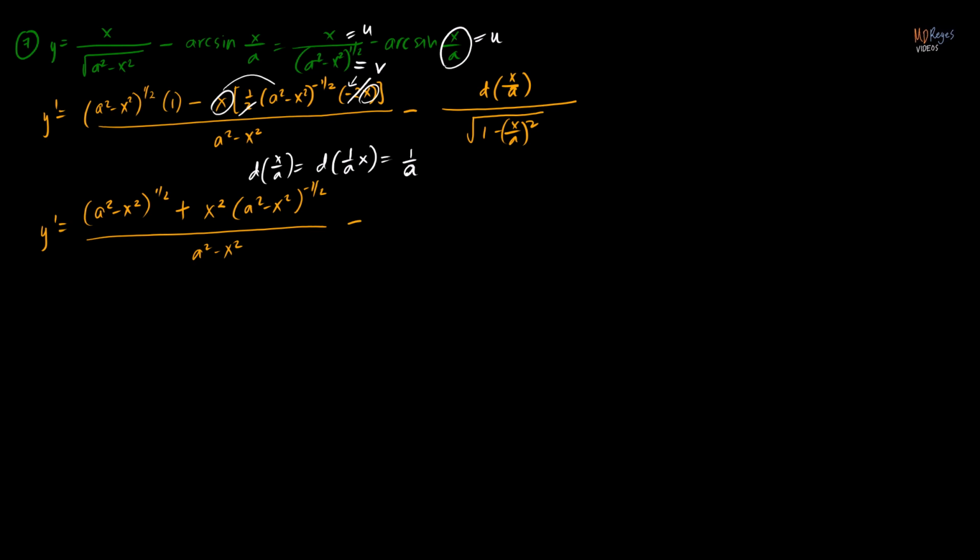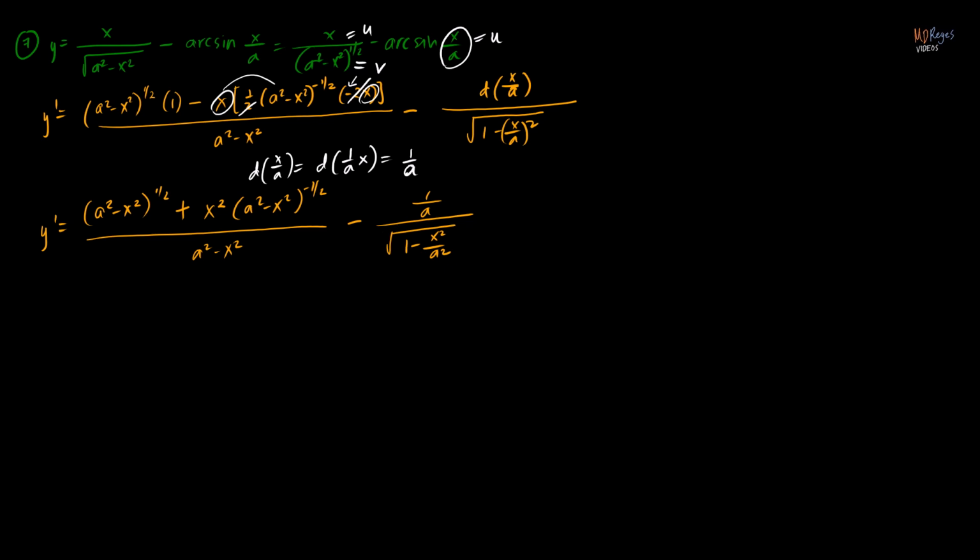Minus the derivative of x over a, which is 1 over a, over the square root of 1 minus x squared over a squared.